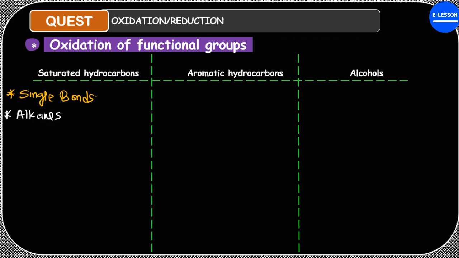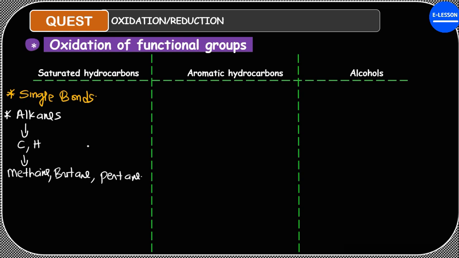Alkanes are saturated hydrocarbons. They contain only carbon and hydrogen. Examples of these alkanes are methane, butane, pentane, and others.